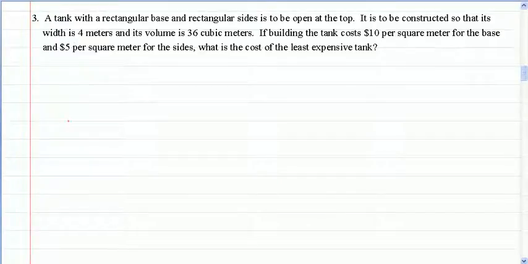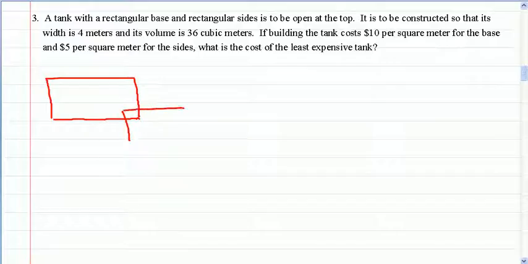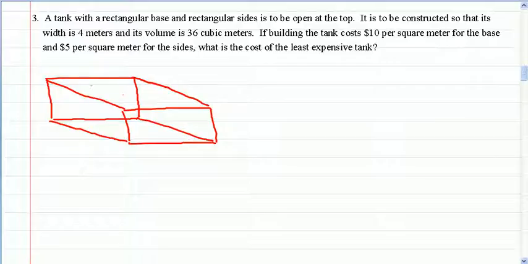For number 3, a tank with a rectangular base and rectangular sides is to be open at the top. So if I just draw a rectangular tank, which is basically just a rectangular box, that's open at the top, I will show that like this.